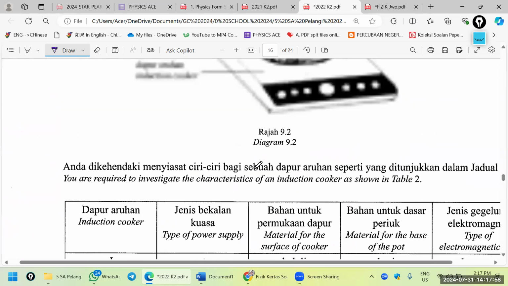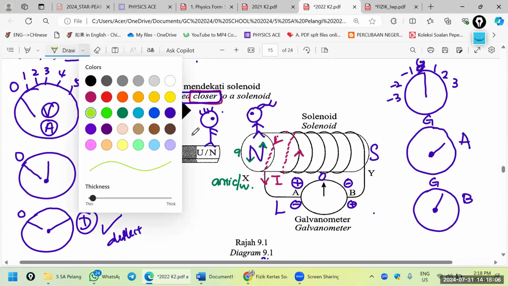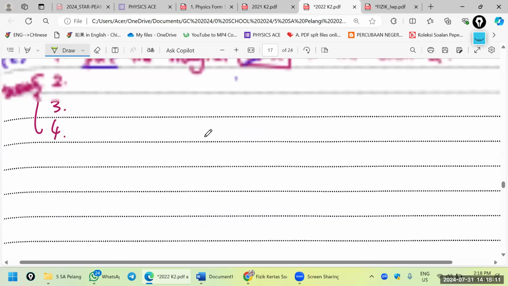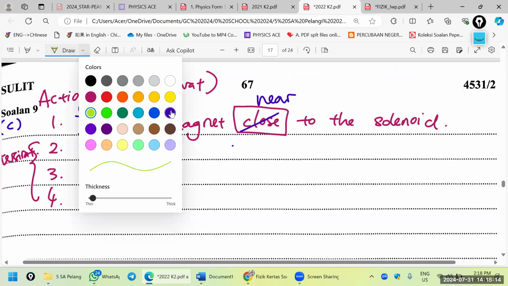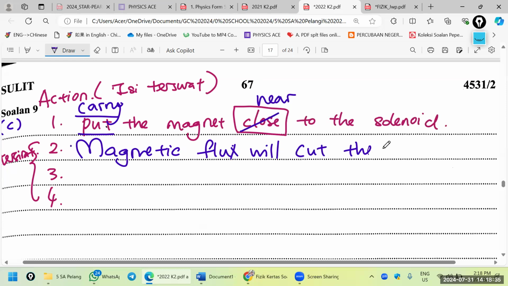Okay, then here got something we cannot see. What is it? Yes, it's the magnetic flux. So when you put magnet closer to the solenoid, you want to describe stronger or not? As long as you tell magnetic flux will cut the solenoid.